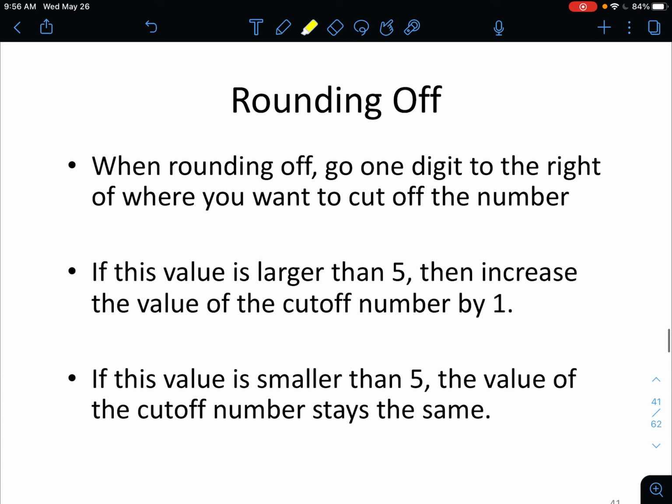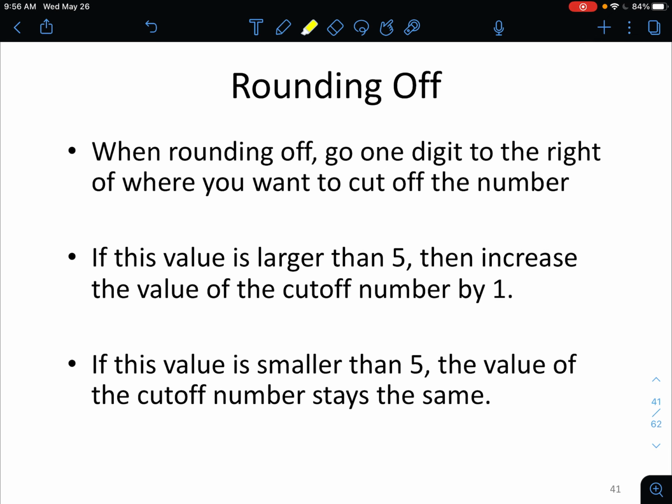Okay, so let's talk about rounding off, and I think the fundamentals of this are things you're surely confident with, but there are rules related to the number 5 that we're going to see that may be a little bit different from the way you initially learned about rounding off. Okay, so when we're rounding off, we're going to go one digit to the right of where I want to cut off the number.